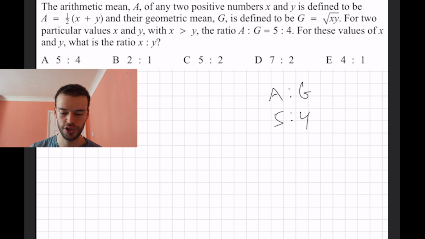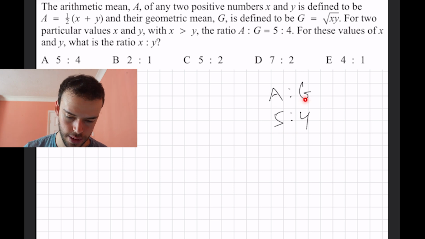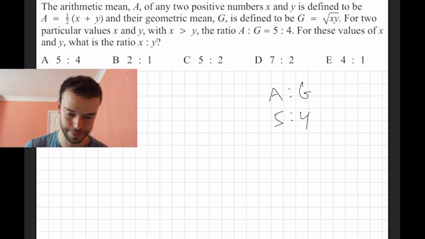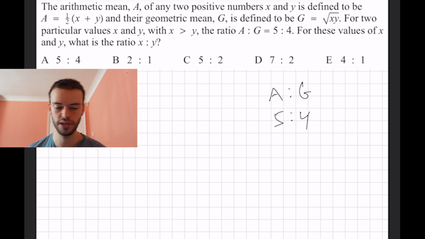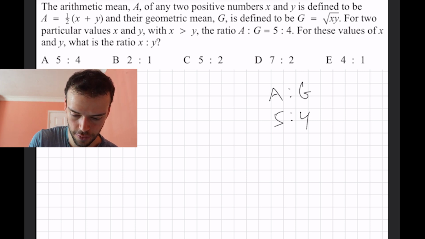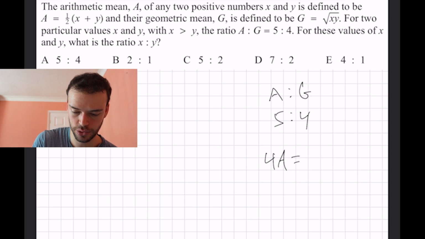Well, if we have a ratio of 5:4, that means that A is larger than g by a fraction of 5/4. So if we try to form an equation, we would get 4A equals 5g.